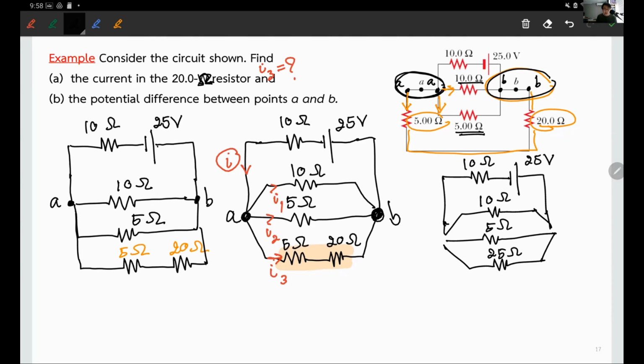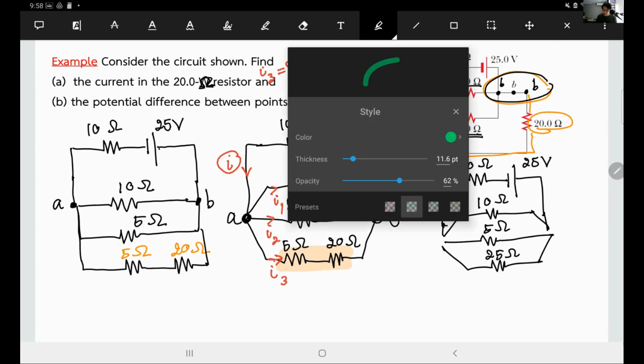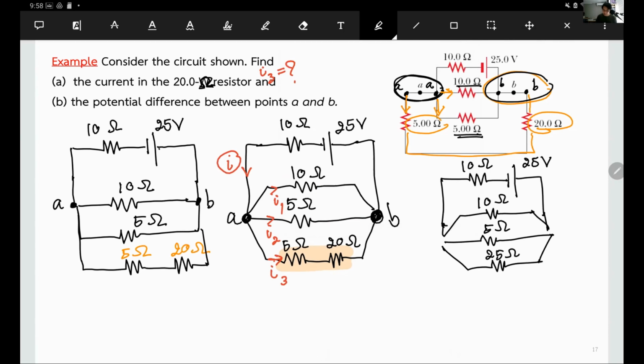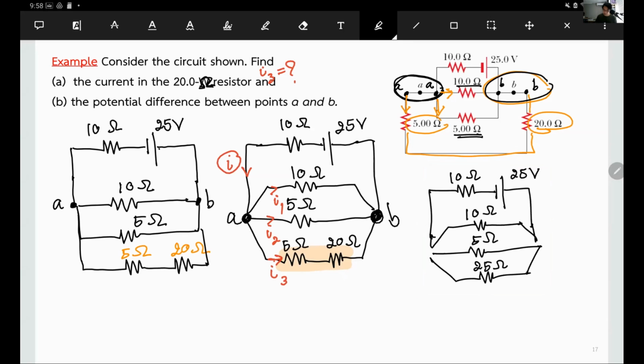Cool. All right, now once you have this, then you can start seeing that these three are connected in parallel. They are side by side.